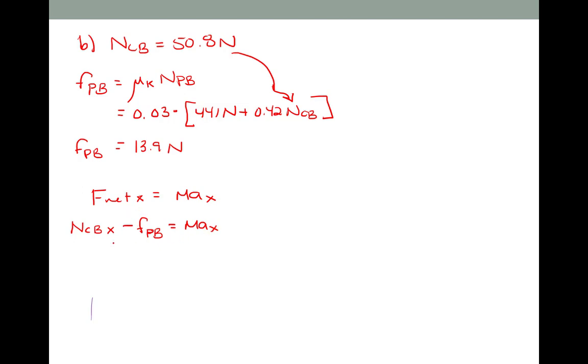That equals ma_x. The normal from the contestant on the block will be N_CB times the cosine of 25. The force of friction we just found was 13.9 newtons. The mass is 45 kilograms.